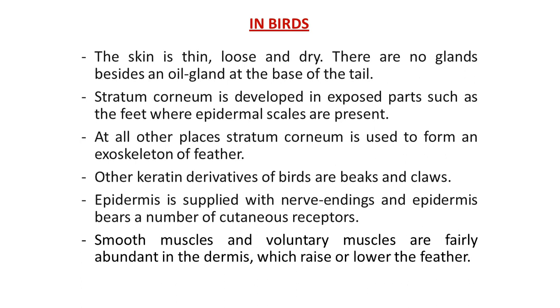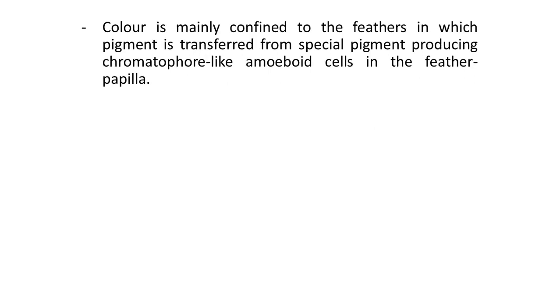The epidermis is supplied with nerve endings and bears a number of cutaneous receptors. The smooth muscles and voluntary muscles are fairly abundant in the dermis layer, which raise or lower the feathers. Color is mainly confined to the feathers, in which pigment is transferred from special pigment-producing chromatophores, like amoeboid cells, in the feather papilla.